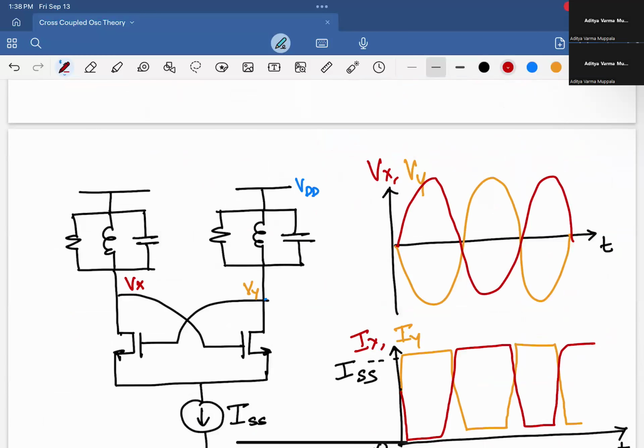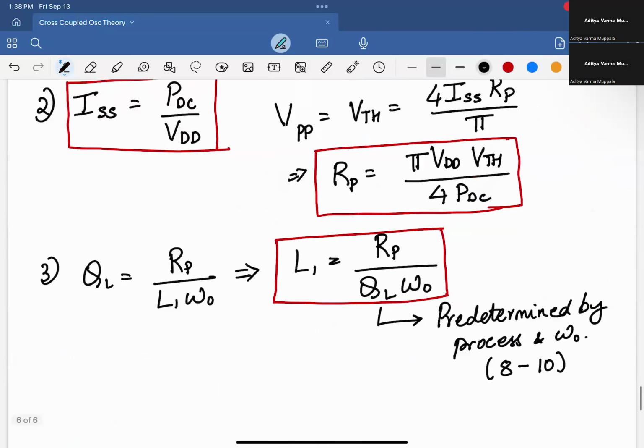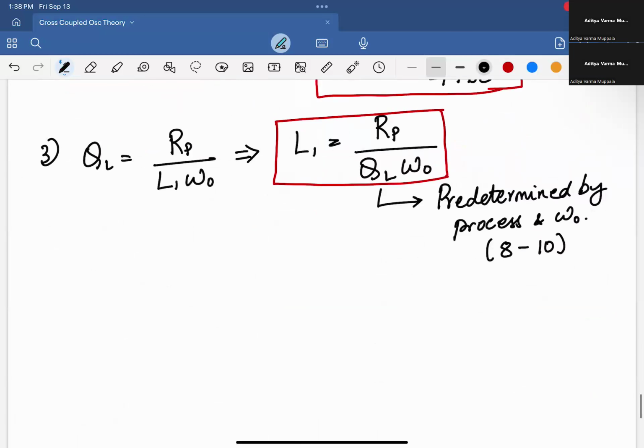Maybe I didn't name it, so we call this L1, C1, R1. Let's also say L1, C1, R1. So that determines L1. And of course, once you have L1, C1 is also determined, right? C1 is nothing but 1 over omega naught square L1.